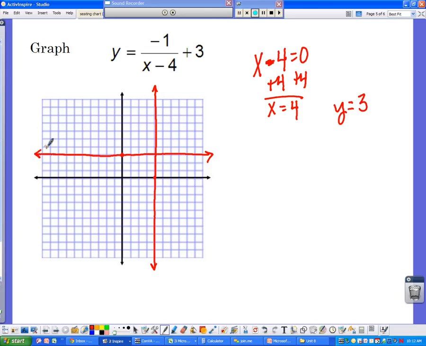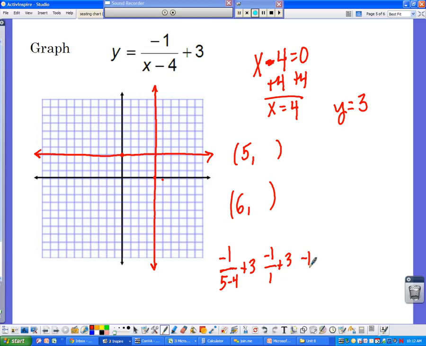Now remember that the next step is that for the vertical one, which is x equals 4, we need to pick a couple of points that are greater than. So let's pick 5, and the next one would be 6. If we plug those in, we get negative 1 over 5 minus 4 plus 3. So negative 1 over 1 plus 3.